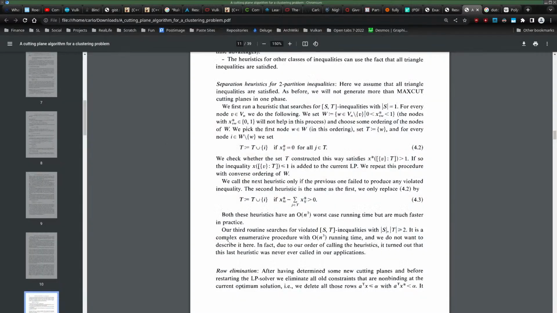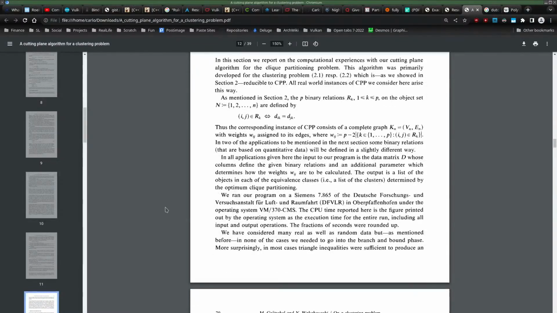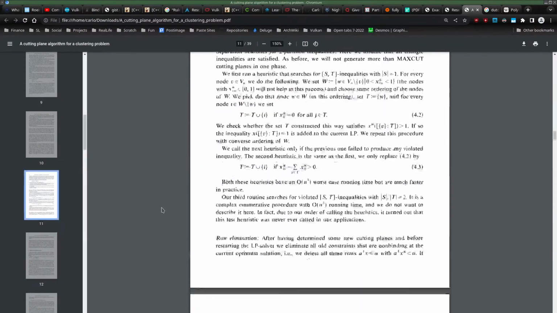But yeah, I'm thinking about this paper. I think what they do is they have this multi-dimensional space equal to the number of edges, and then they try to move their cuts in a way that basically does the same thing as what I do.